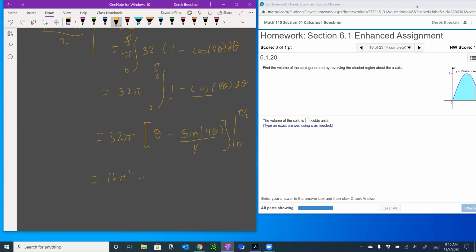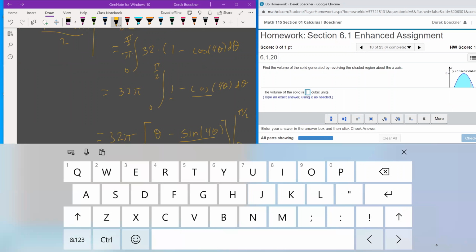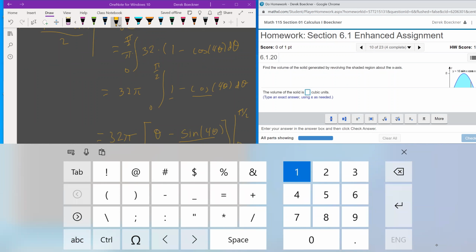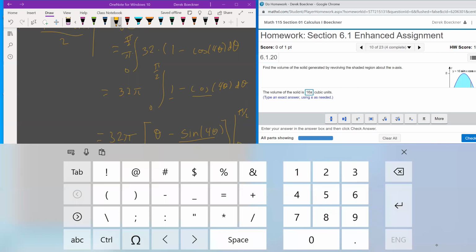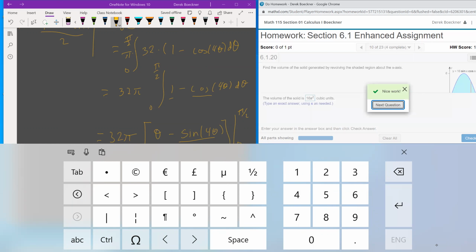Sine of 2 pi is 0, so that's 0. So I don't have to even worry about that. So I just get 16 pi squared. Hopefully I've done all my arithmetic right. There we go.